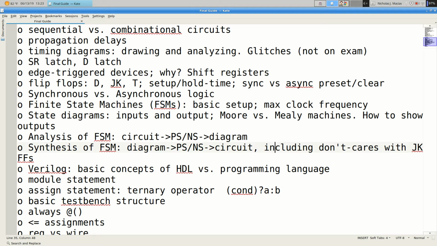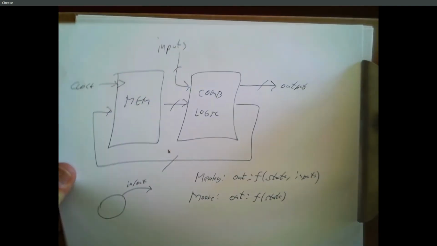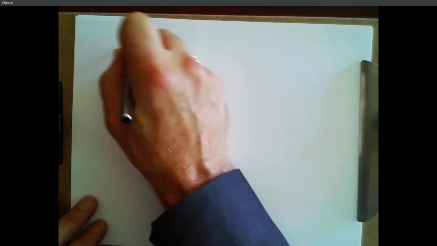So usually those left-hand sides in always blocks are registers. What did you say wire was used for again? Wire is mostly for assign statements, right? And for assign statements, get friendly with the ternary operator because it's really useful. So 2 to 1 mux.